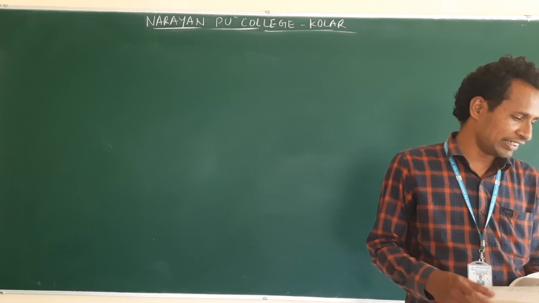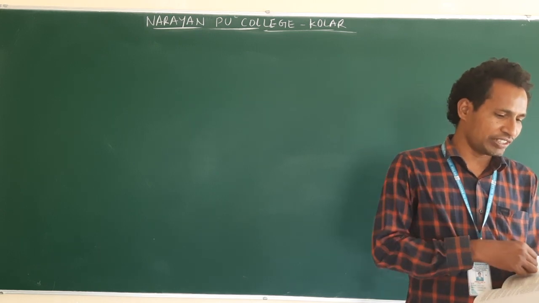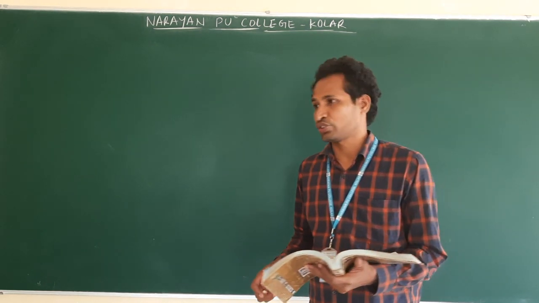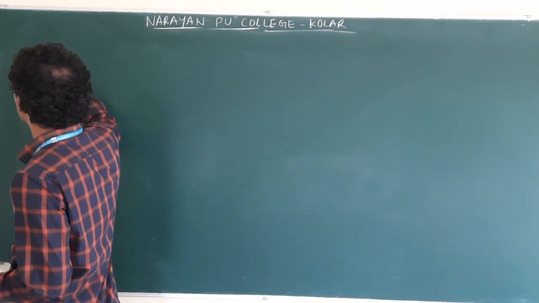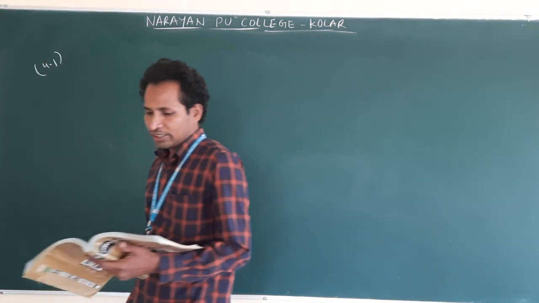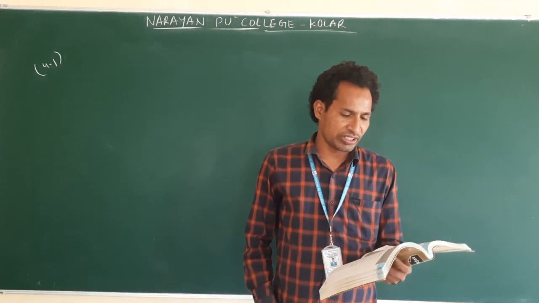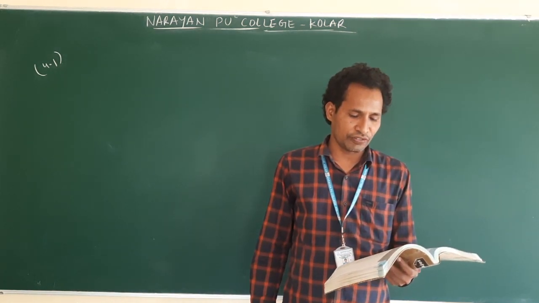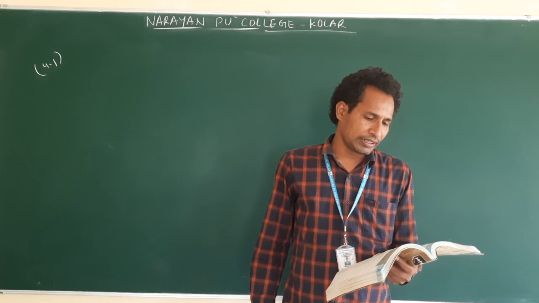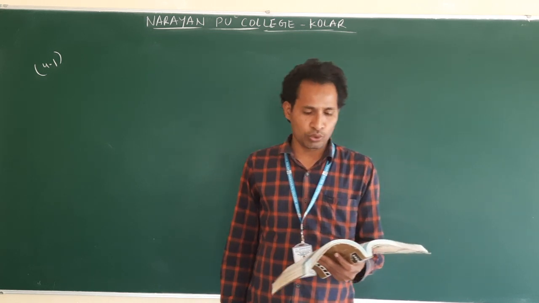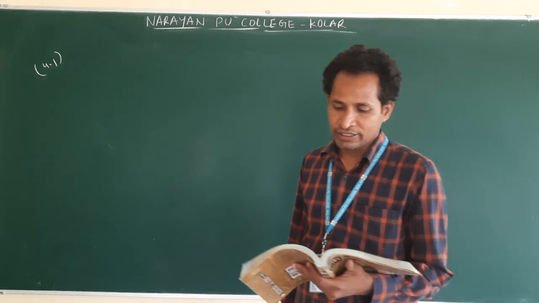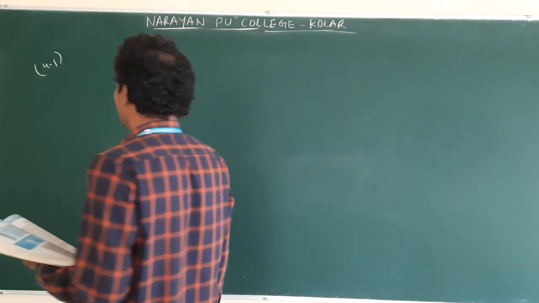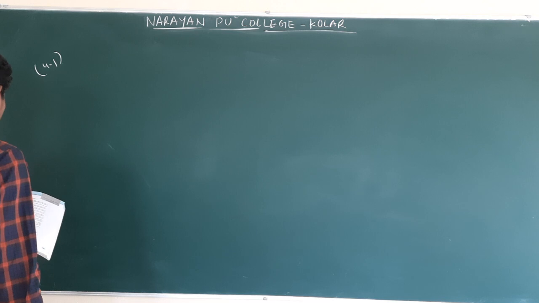Now we will see the problems, exercises. Now come to the first question. A circular coil of wire consisting of 100 turns, each of radius 8 cm, carrying a current of 0.4 ampere. What is the magnitude of magnetic field B at the center of its coil? Very simple question.